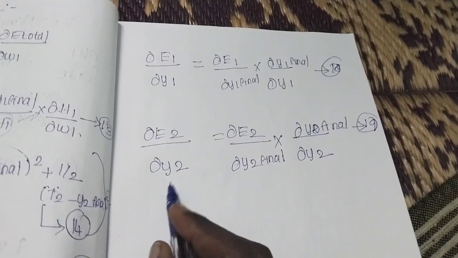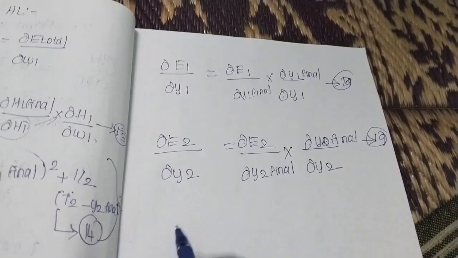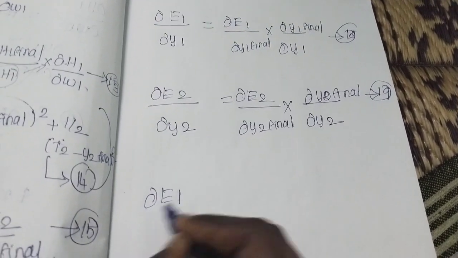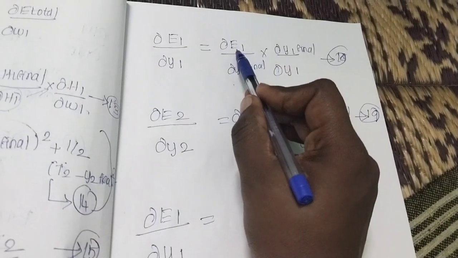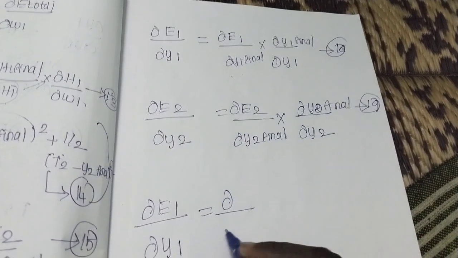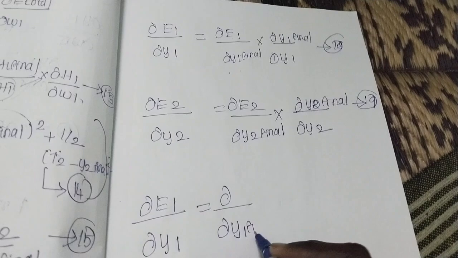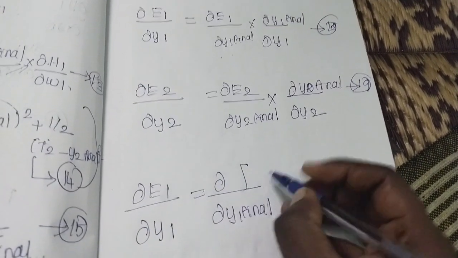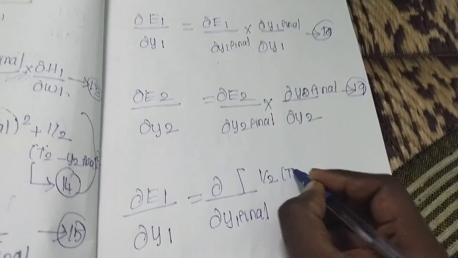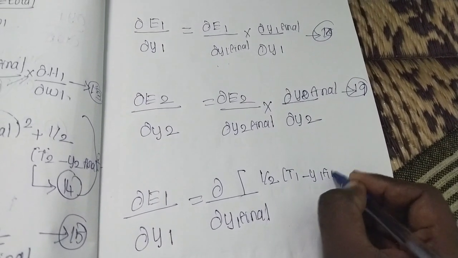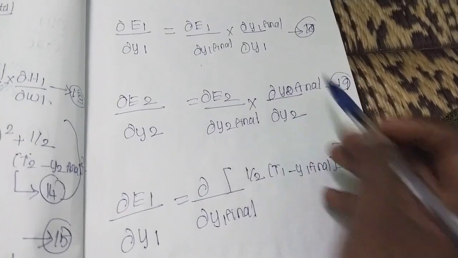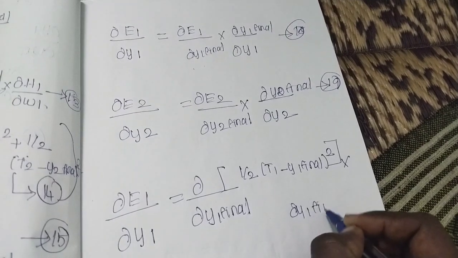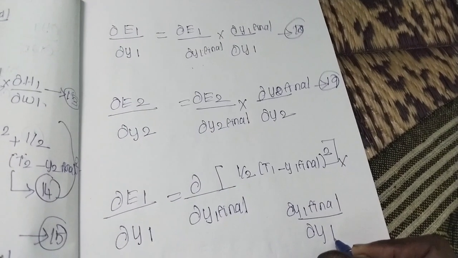Now I will find each one individually, that is ∂E1 divided by ∂Y1. See this: ∂E1 divided by ∂Y1 final. For the term E1, I am writing ∂E1/∂Y1 final, where E1 is 1/2 (t1 − y1 final)², times ∂y1 final divided by ∂y1.